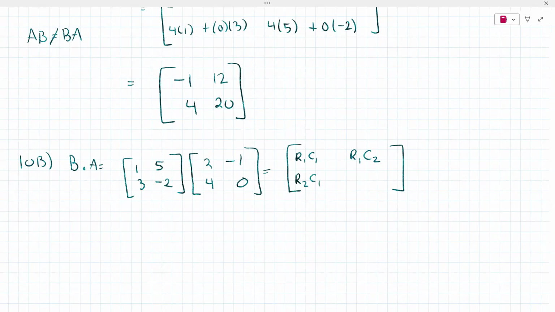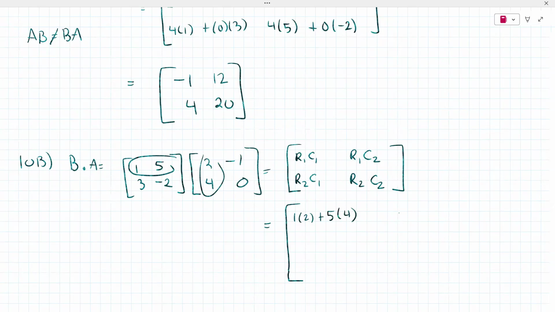And then the same thing here, it'd be row 2, column 2. So let's do this. So this times this, so that's going to be 1 times 2 plus 5 times 4.